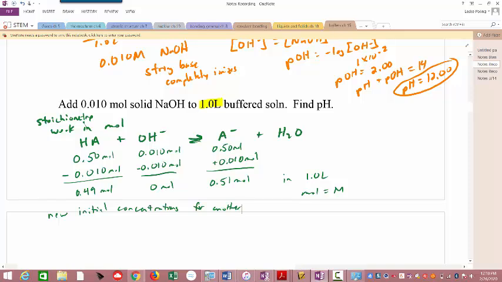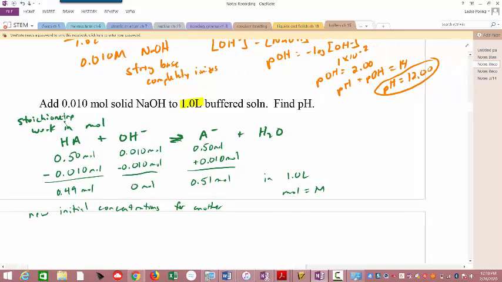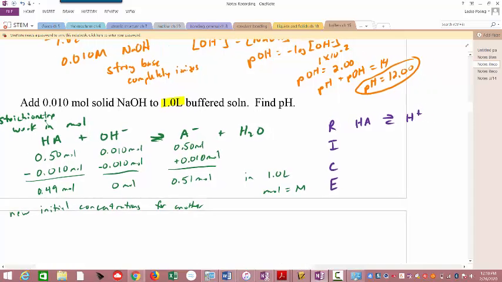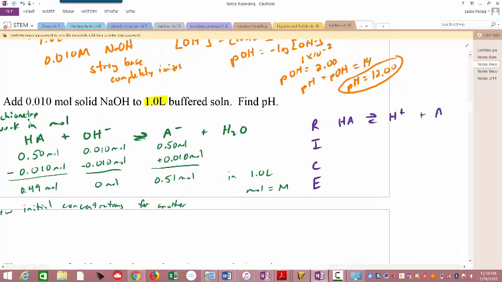Okay. So I'm almost running out of room here. All right, so do our HA, H plus, plus A minus. Our HA initially is now 0.49.